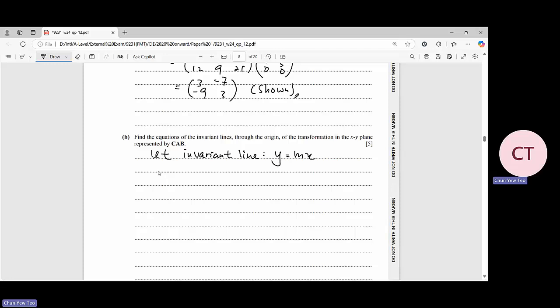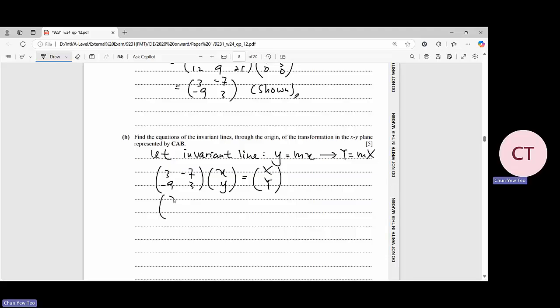Okay, so if you transform this point (x, y), it will become (x, y) image.